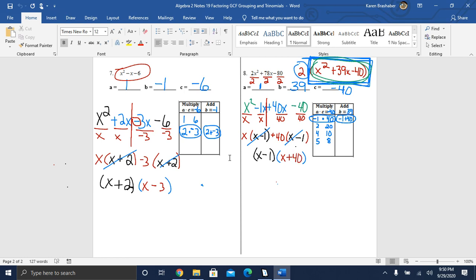And then remember that 2 that I erased, that has to go in the very front. That's what I divided by at the beginning. So I have 2 times x minus 1 times x plus 40. If I would multiply all of that together, I would end up with my original problem of 2x squared plus 78x minus 80. So this is your lesson on the beginnings of factoring.